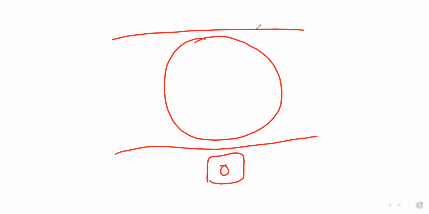When this respiring tissue gives off carbon dioxide, because you know that all the respiring tissues are continuously making carbon dioxide, this carbon dioxide diffuses into the blood capillary and also reaches the red blood cells. Inside the red blood cell, there are changes that happen to give off oxygen to the respiring tissues.